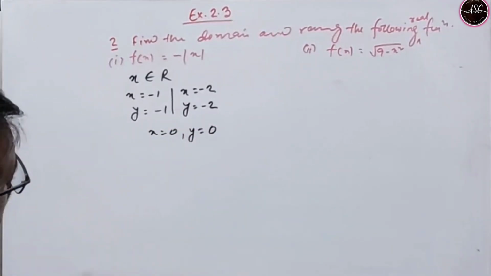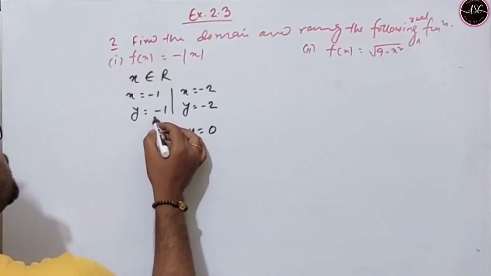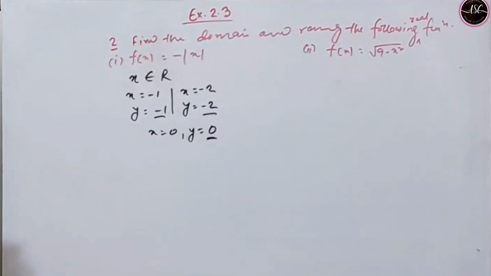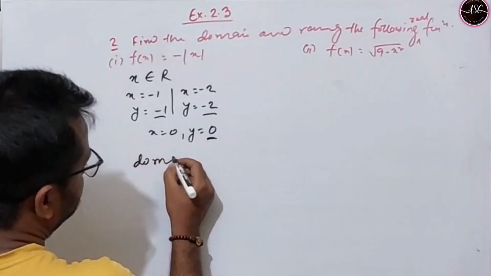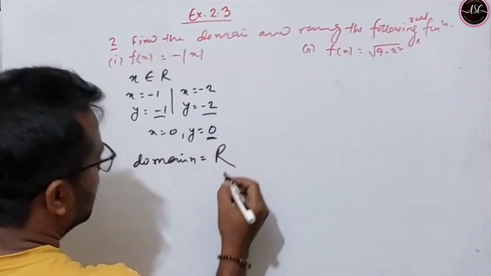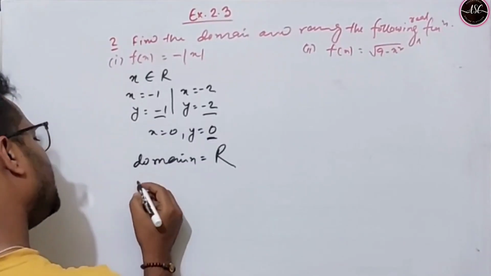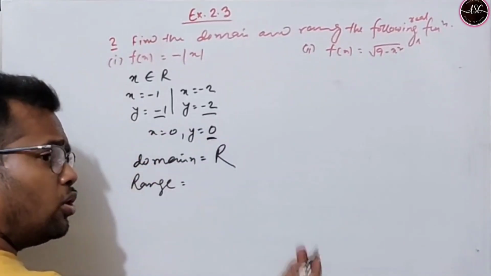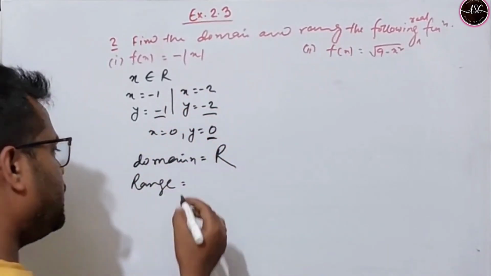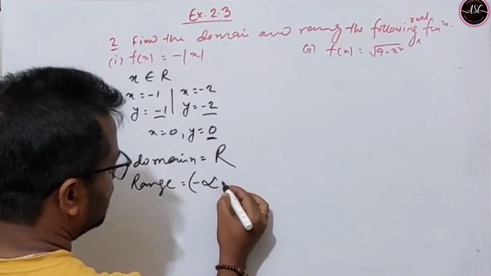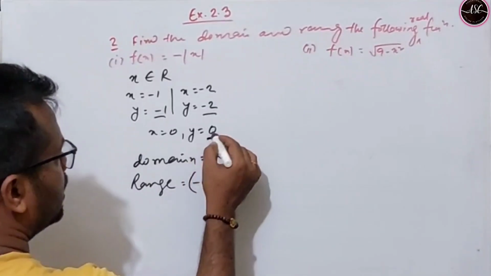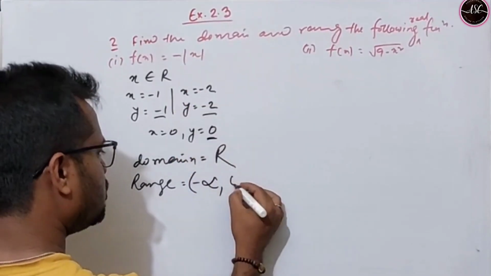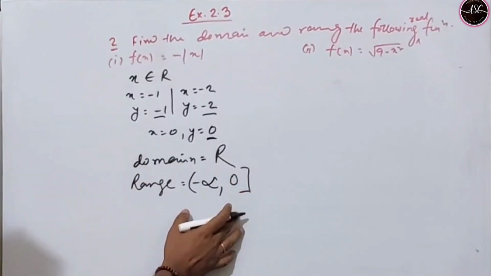So every time we get a negative value, and for 0 we get 0. So here the domain will be R, that means the set of all real numbers, and the range will be minus infinity up to 0. Within a first bracket, infinity, comma, and since when the value of x is 0, y is 0, within a third bracket this will be the range.